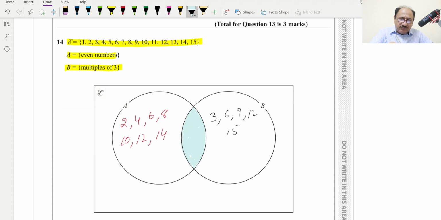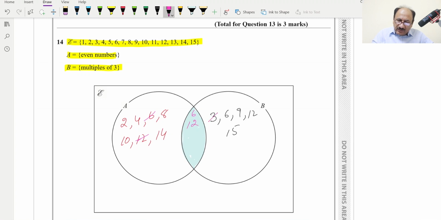So which numbers can we transfer? 6 is a multiple of 3 and even, so we will shift 6 over here, and 12 is also a multiple of 3, so we will shift 12 also over here.